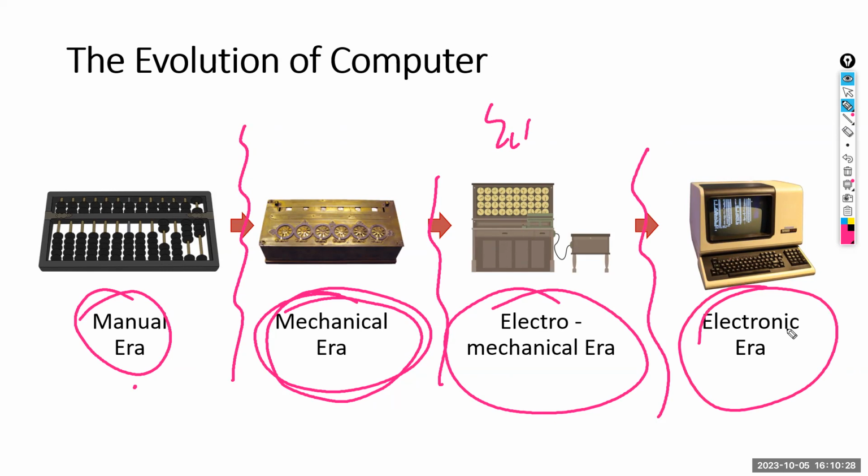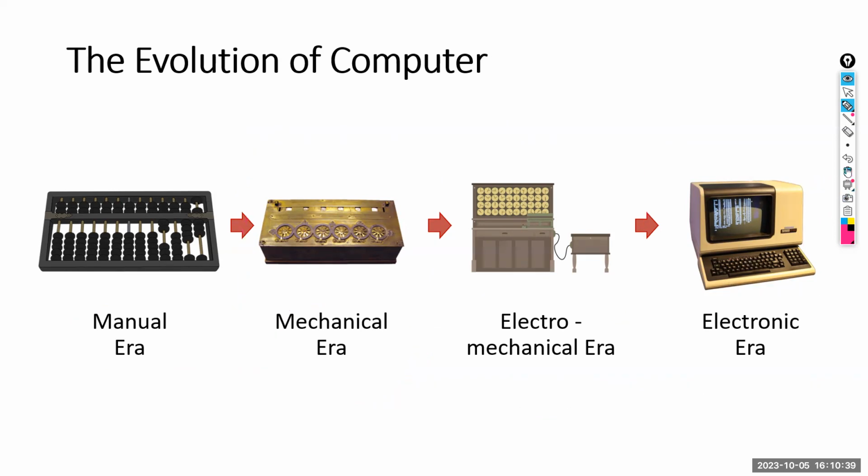So manual computers, mechanical computers, electromechanical computers, and electronic computers. That is how you subdivide the computer evolution into 4 eras. We'll start with manual computers, or the manual era.